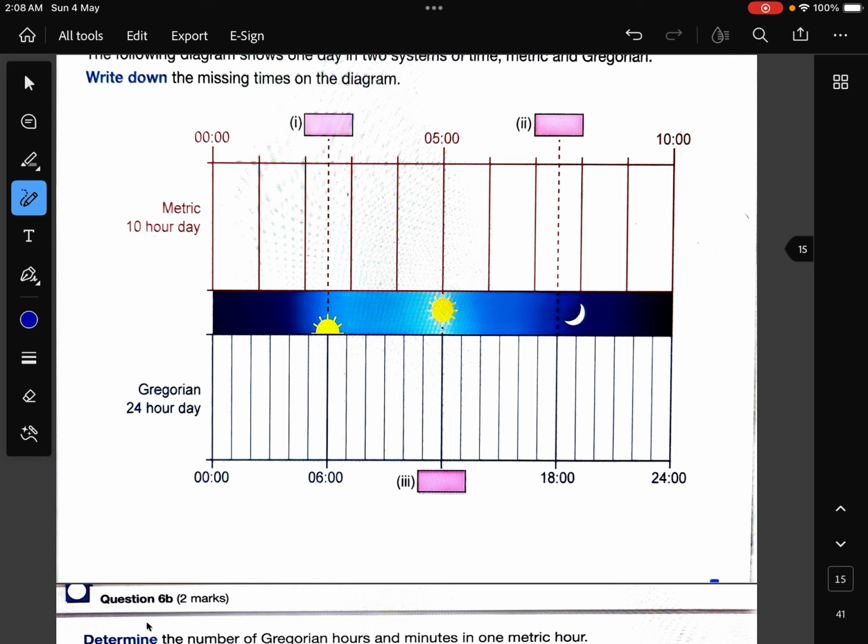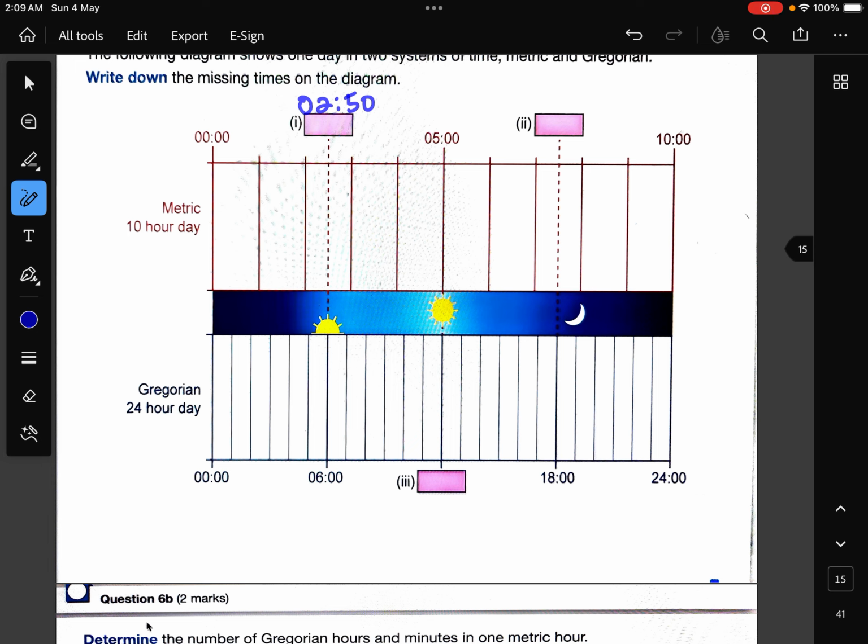But in this case, 1 hour is 100 minutes, so half of 100 minutes would be 50 minutes. So instead of 2:30, it's going to be written as 2:50, right? Because half of 100 is 50.